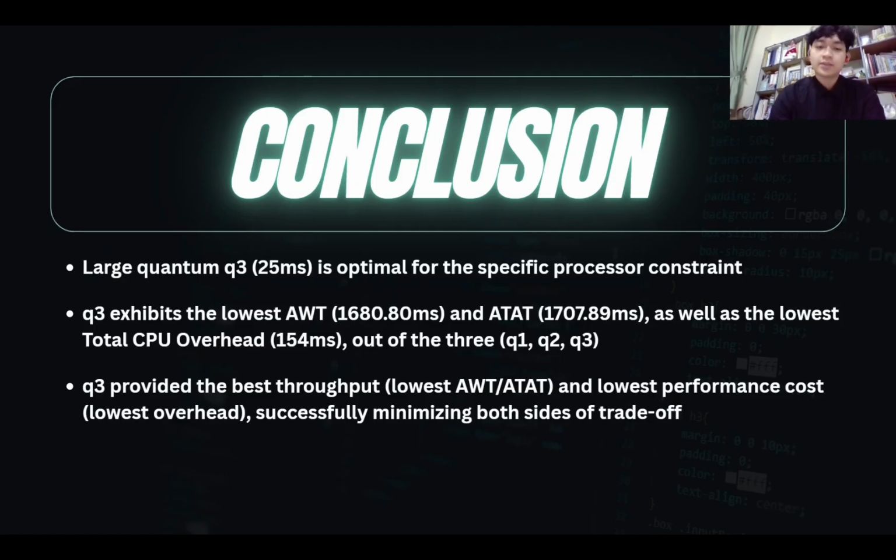After running the simulation and analyzing the results, we can conclude that large quantum Q3 with the value of 25 milliseconds is the most optimal for the specific processor constraint.